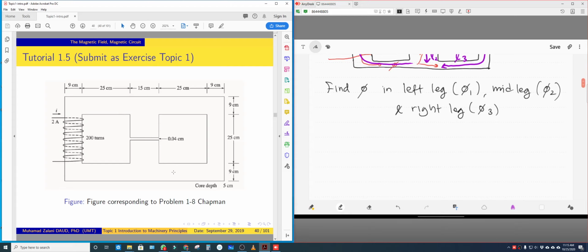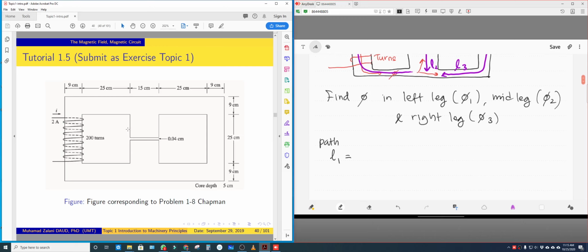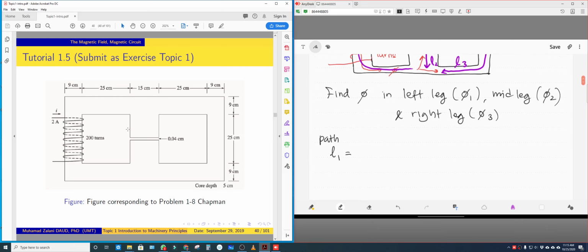So before that, as usual, we get all the information given in the question, and then we find the paths. We find the path of L1. So L1, as given in the figure, starts from the bottom, 7.5, and then 25. I will use cm first.